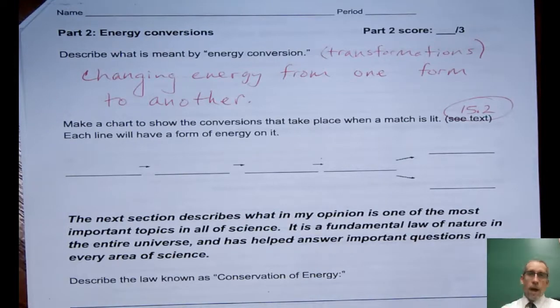You're holding the match, and the striker or whatever it is you're going to light against, usually a little matchbook or something, and in order for anything to happen, you have to start moving. And that requires that we use some of your stored chemical energy in your body. I mean, that's what the cells in your body, a lot of their function is to store the energy so that you have it to do the important things you need to do, such as walking or running or thinking, breathing, etc. But one of those things would be the motion of your hand.